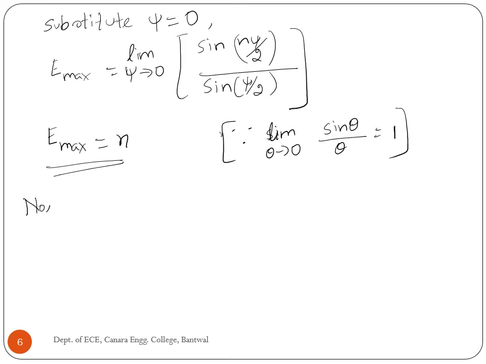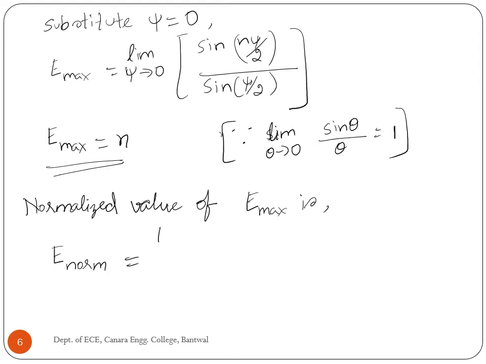Normalized value. Normalized value of electric field intensity is E normalized is equal to total electric field intensity divided by maximum electric field intensity.